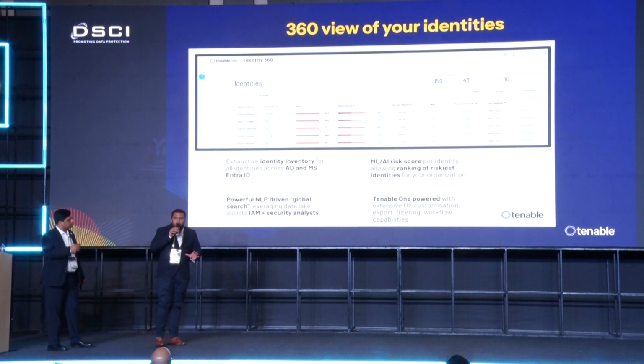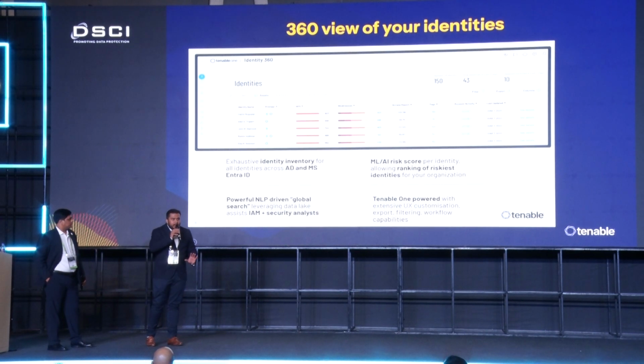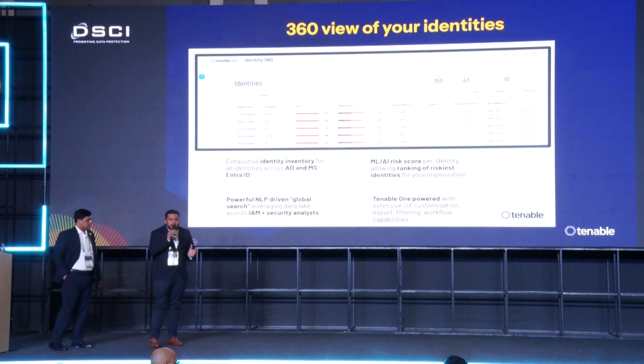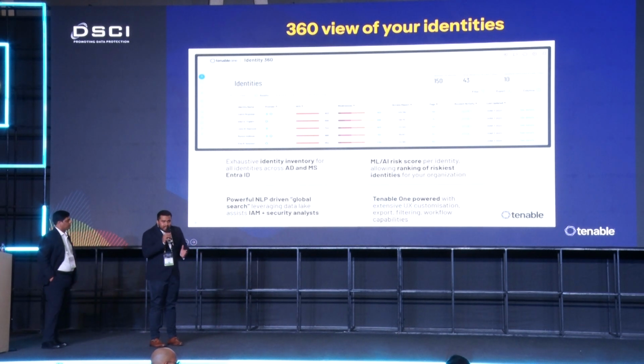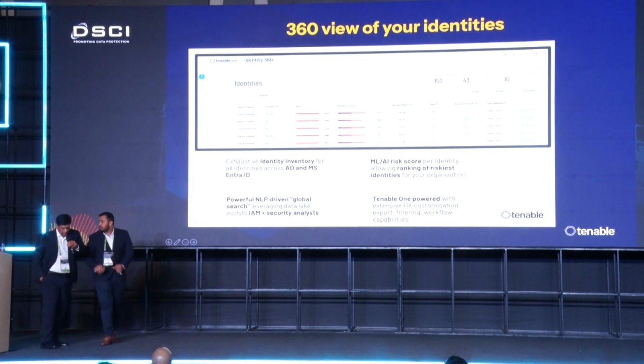We are not just vulnerability management, we are an exposure management company. We let customers know where exposures are present from all domains and all vectors. That's where it becomes very critical, and that's why we stand at the top.